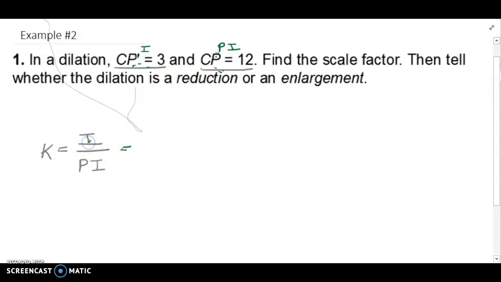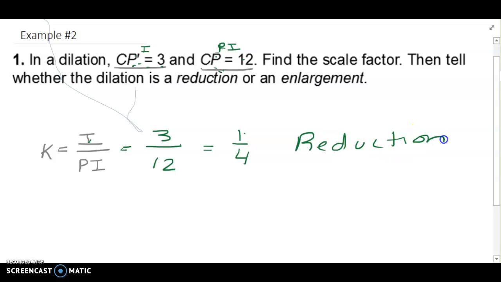So my scale factor is 3 over 12, which is 1/4. 1/4 is smaller than 1, and therefore my scale factor is less than 1, so we know this has to be a reduction. Or you could simply look at it: if the pre-image goes from 12 to 3, yes, that's a reduction.